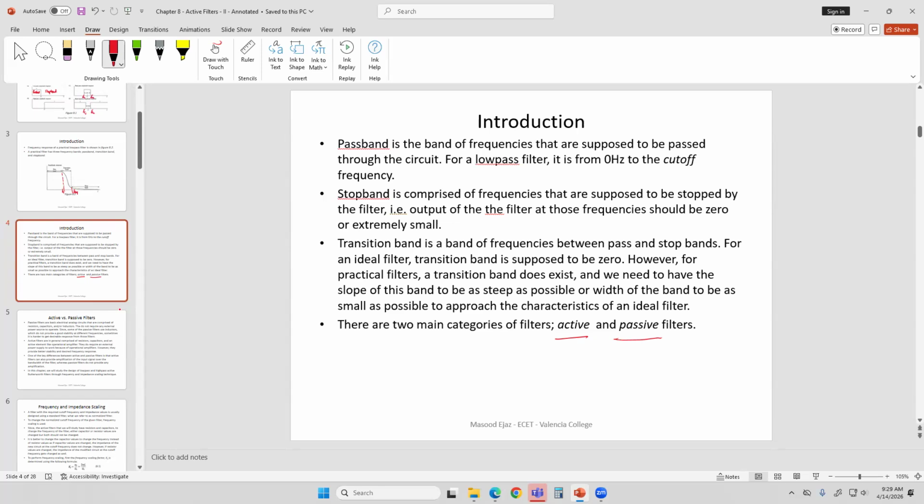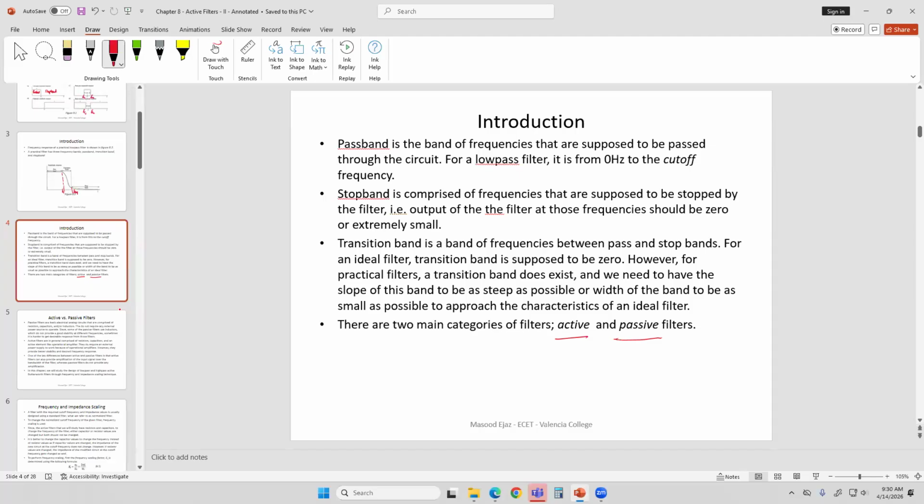So you need some extra power supply. That's an active element. On the other hand, passive elements don't really need any extra power supply. If you have an input source, you can get an output response. For example, your capacitors, your resistors, your inductors, you don't really need to connect them with an extra power supply. You just have a circuit, you connect an input signal, and then you can get an output signal.